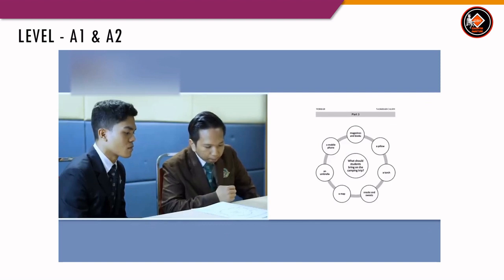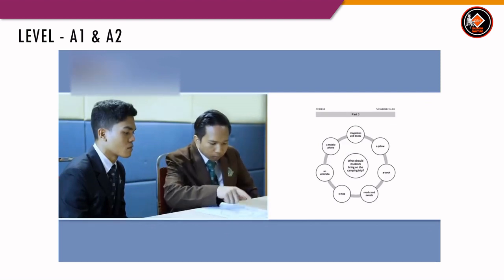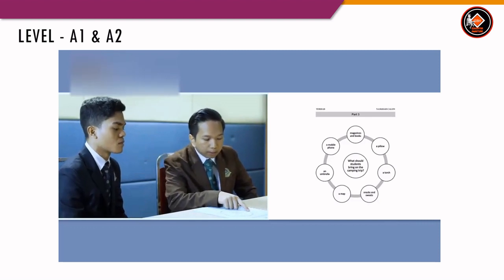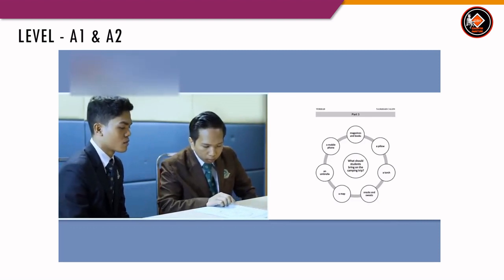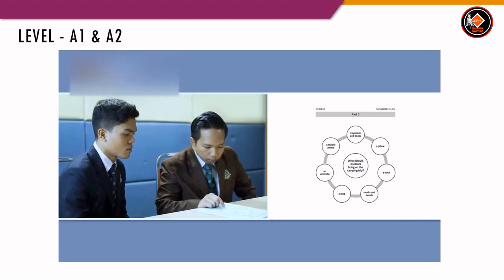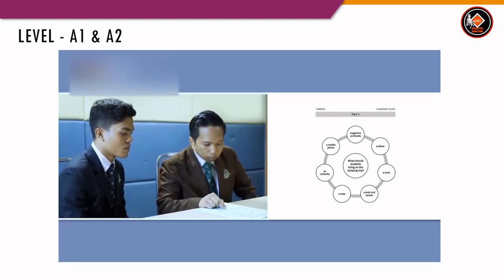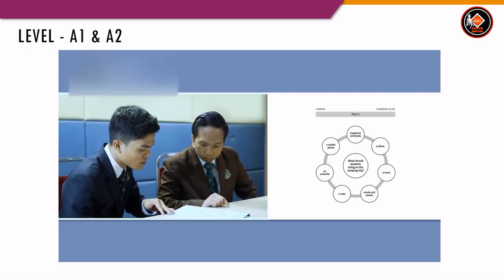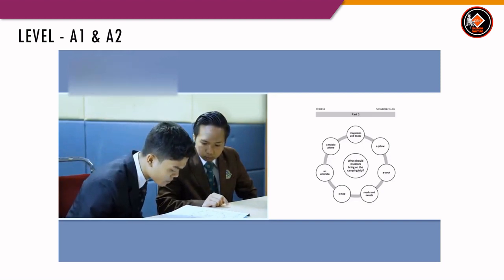I think a mobile phone is good to bring. A map. What about you? A map.